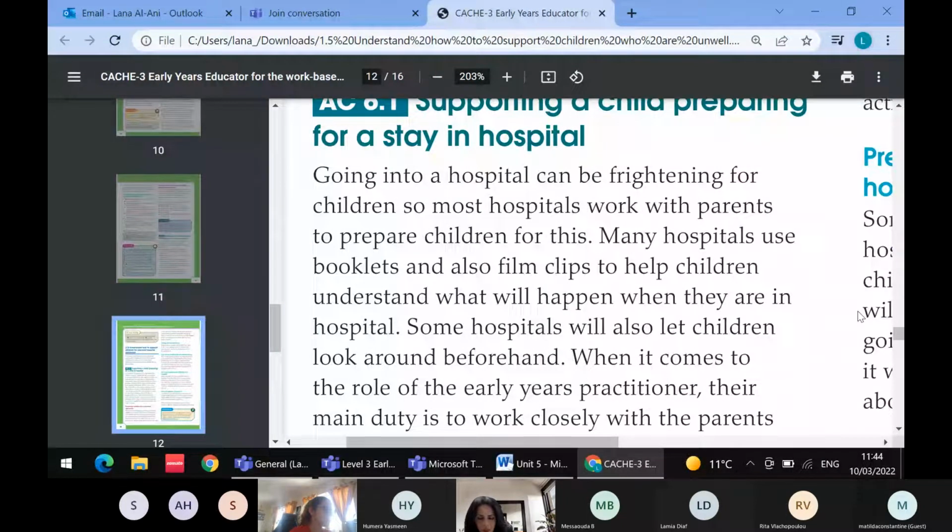Most hospitals can work with the parents to prepare the child. Normally the mother will be staying with the child anyway, but they will work with the child, maybe give him some toys, just to prepare him, make him feel comfortable and happy in the hospital.